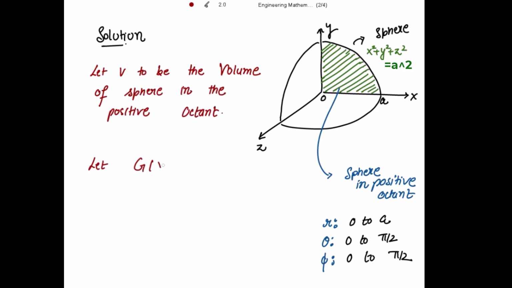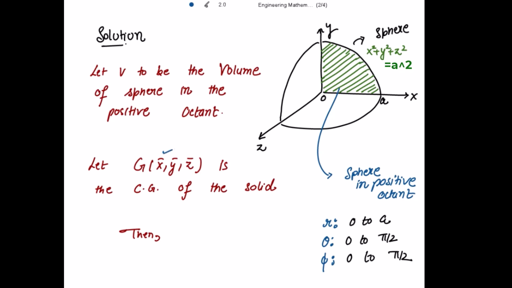And let G be the center of gravity, that is Cg, of the solid in the form of the sphere.